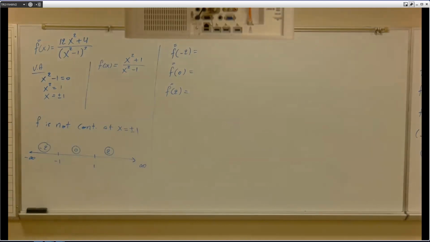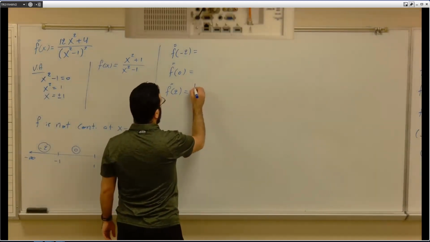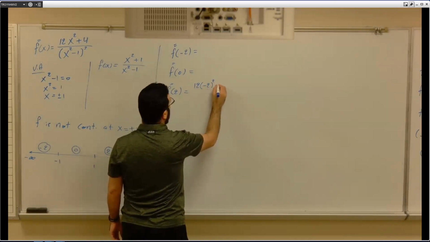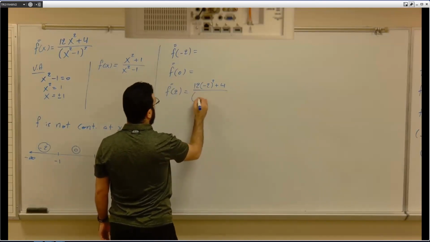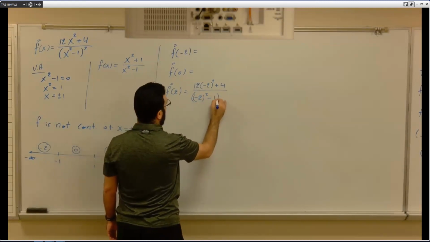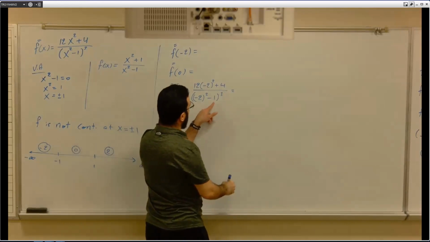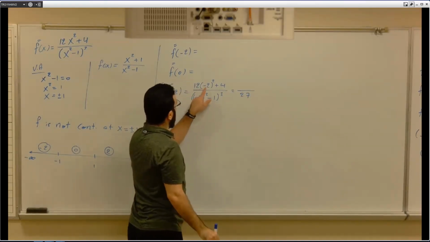For -2, it's going to be 12 times -2 squared plus 4, divided by -2 squared minus 1 cubed. This one is 4 minus 1, which is 3 cubed, going to be 27.